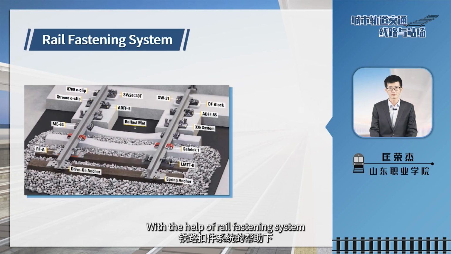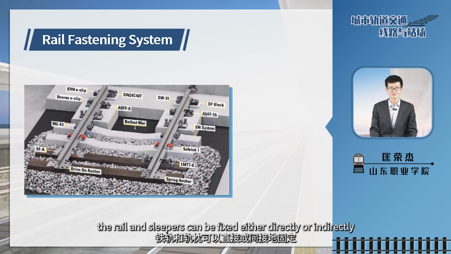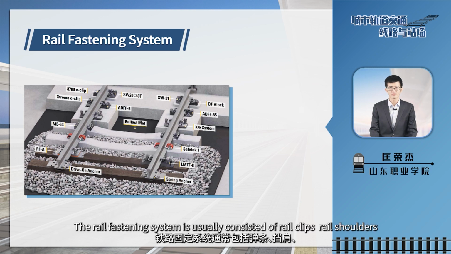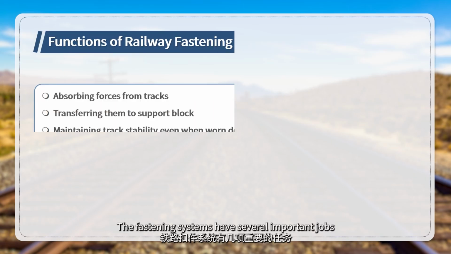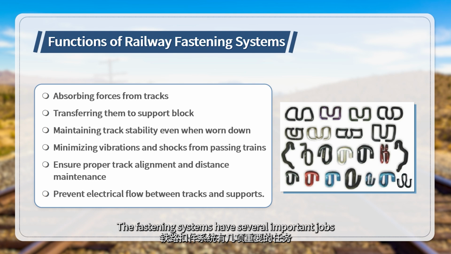With the help of rail fastening system, the rail and sleepers can be fixed either directly or indirectly. The rail fastening system usually consists of rail clips, rail shoulders, railroad tie plates, chairs, fasteners, dock spikes, screw spikes, and track bolts.